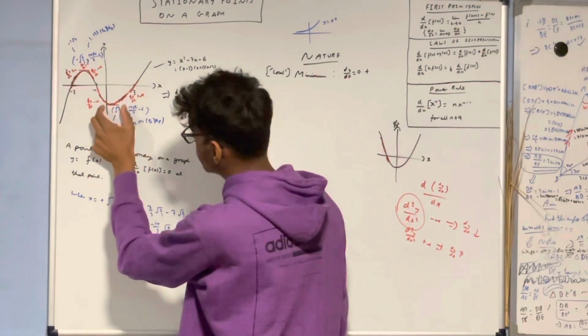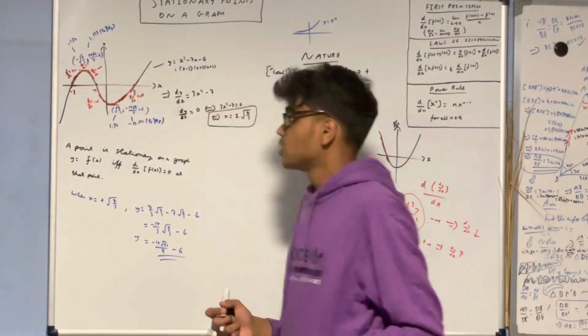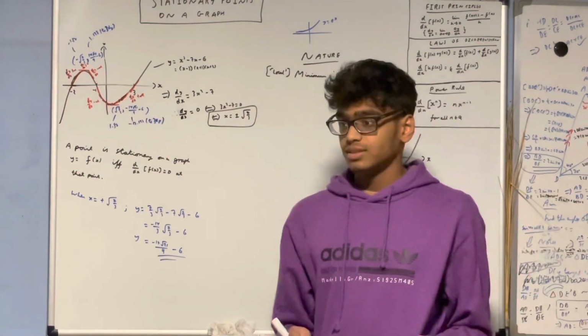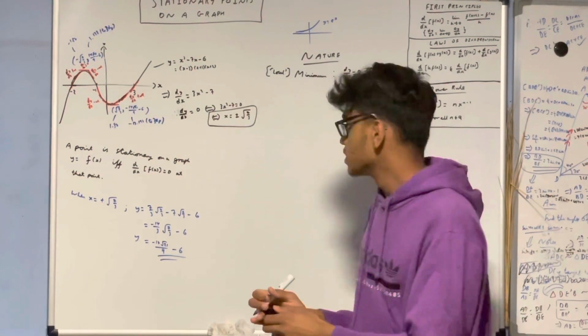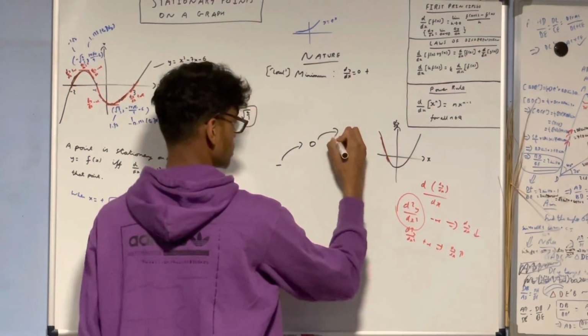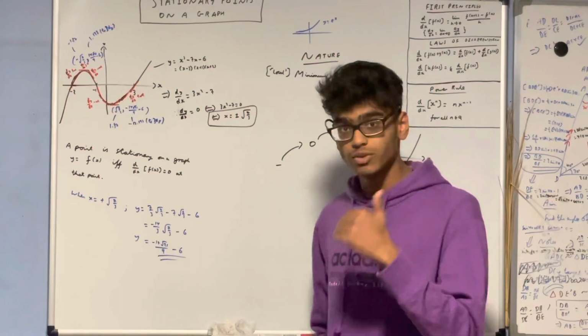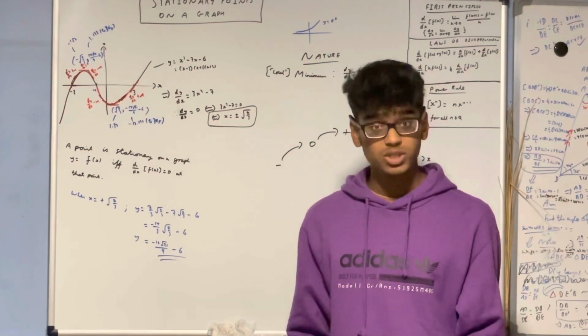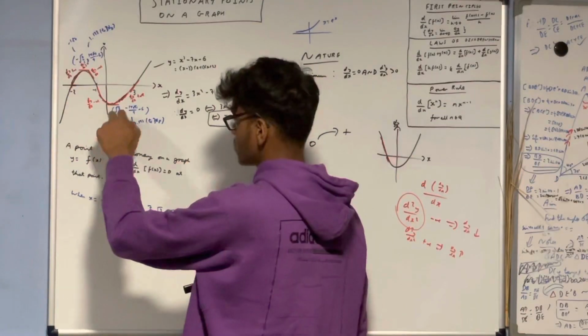Because if you think of a number line, it's going from a negative value, increasing to 0 and then increasing to a positive value. The derivative of the derivative would have to be positive because you go from negative to 0 to positive.